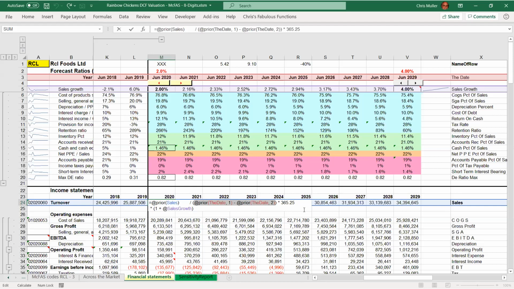And because it's a number of days, we're going to get sales per day. So it's important then to multiply by 365.25 to turn the daily figure into an annual figure. And only when it's annual can you then multiply by your sales growth, which up here you haven't said so, but it's implicit that your sales growth figures are per year.